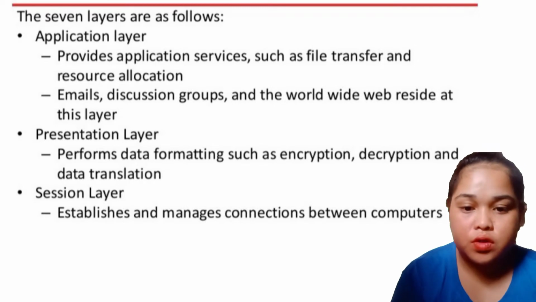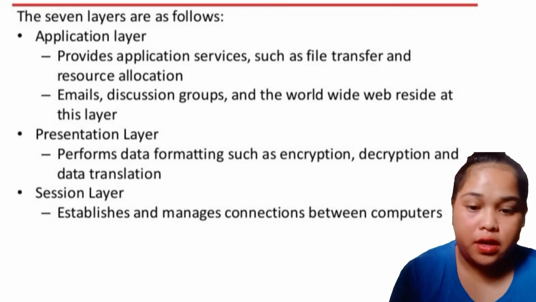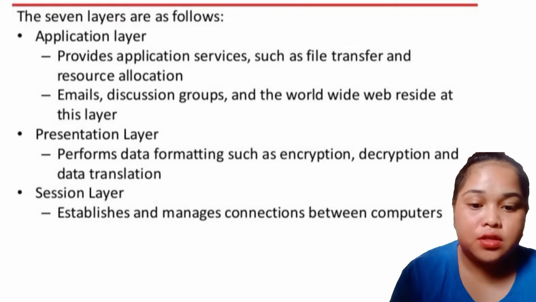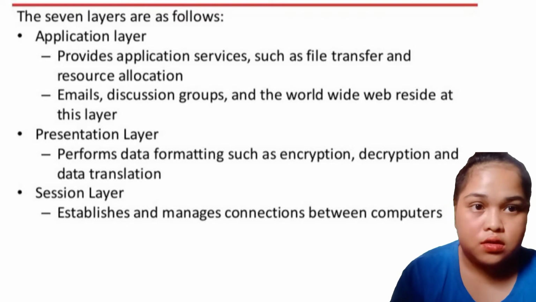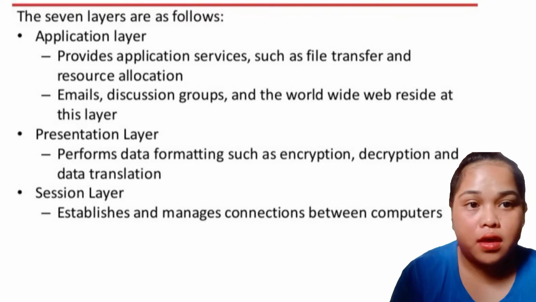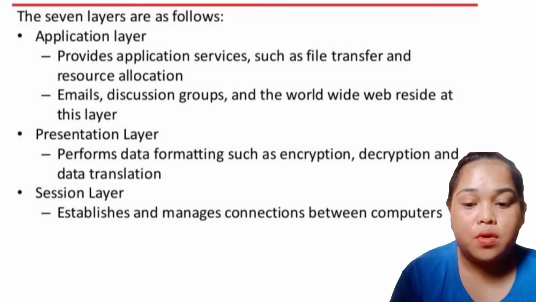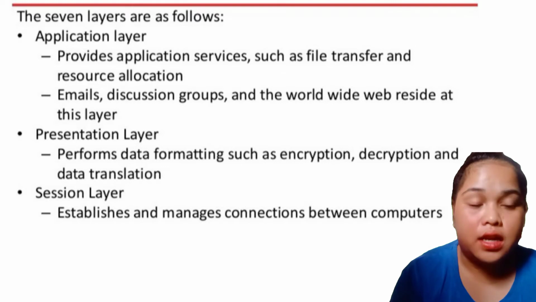First, the application layer. An application layer provides application services such as file transfer and resource allocation. Examples are emails, discussion groups, and the worldwide web at this layer.